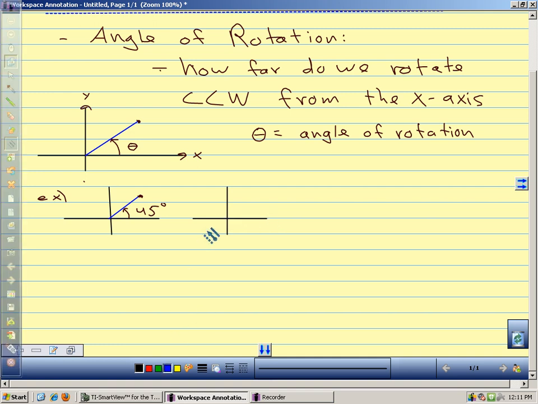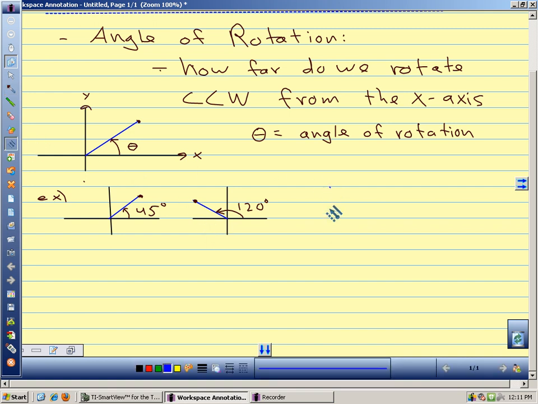So if we go out to here, we're measuring from the x-axis, and we could say that angle is 120 degrees. So it's bigger than 90 degrees, but it's less than 180. We can also go further than the x-axis on this side.